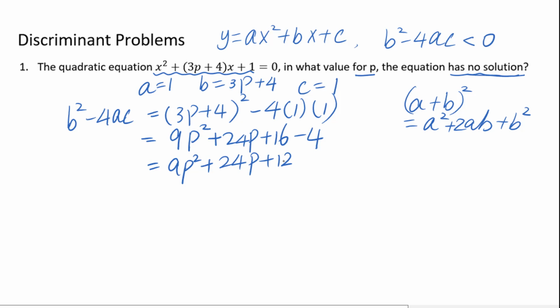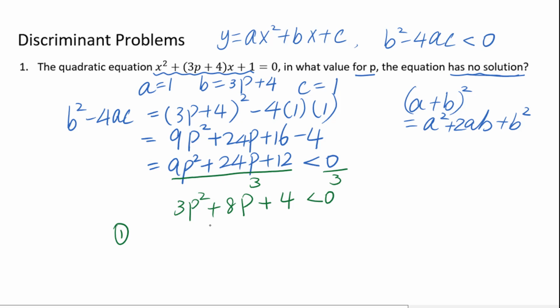We set this less than 0. We are going to solve this quadratic inequality. First step, divide by 3 on both sides: 3p squared plus 8p plus 4 is less than 0.